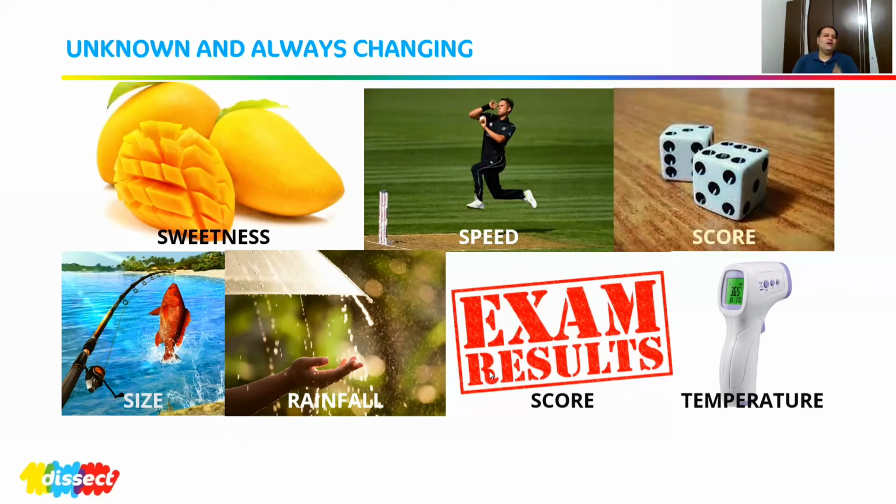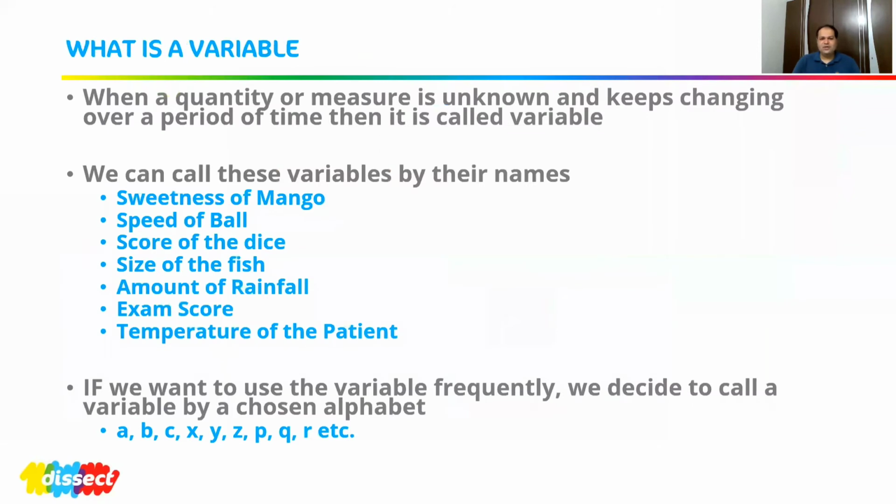Let's look at how we treat variables in mathematics. If you want to measure a quantity and that quantity is always unknown before you measure it, and it is always changing, then it is called a variable.